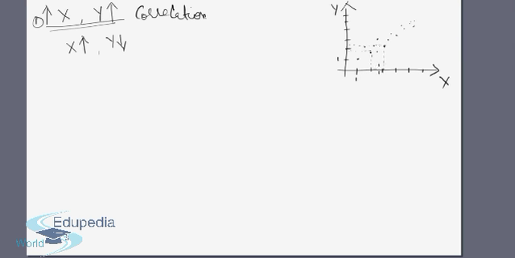Maybe 1 unit of x leads to half a unit increase in y. So we see that there is some increase in these.